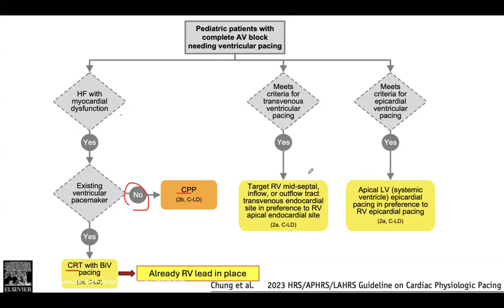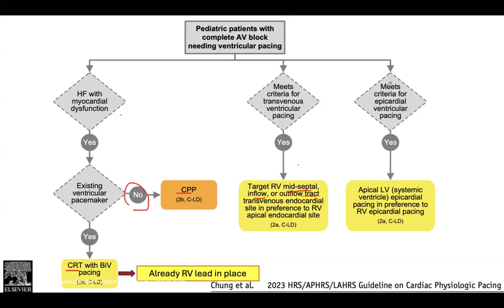You can still do a traditional implant, but it's better to target mid-septal RV, or inflow RV, or outflow tract RV than the RV apex. The RV apex, which is the most traditional site, is the worst site. But honestly, nowadays, I will try my best to do CSP pacing even for such patients. And I think eventually it will show up in the guidelines.